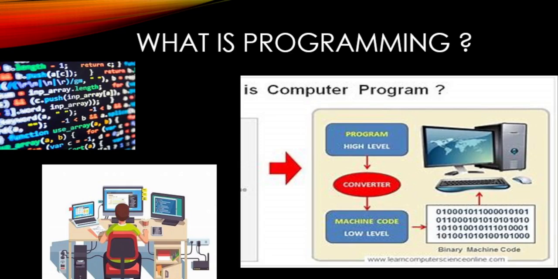So basically, what does a program do? Whatever code we write using any one of the programming languages, for example Python or Java, is a high level language. It will be converted into machine code. The computer only understands binary code, which is zeros and ones, a low level code.